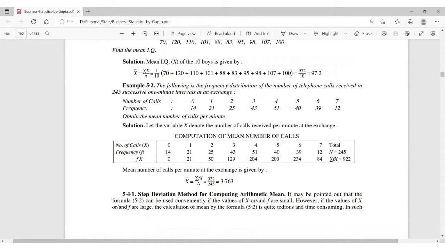First is given number of calls per minute, 0 calls, frequency 14. 1 call per minute is 21. 2 calls per minute, 25. 3 calls per minute is 43. So given X is number of calls, and frequency is F. Now this is a group series. This is X, what we required, and this is Fx.